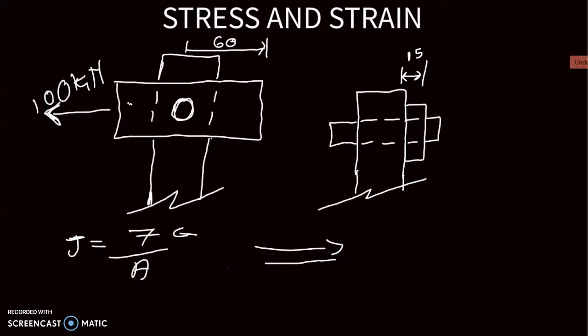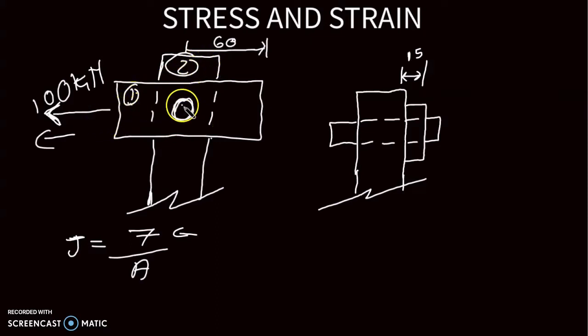So we go back to the diagram. We are pulling this object. Let's say this is object number 1 and this is object number 2. We are pulling object number 1 in that direction. Object number 1 is pinned using this pin to object number 2. So what's going to happen?